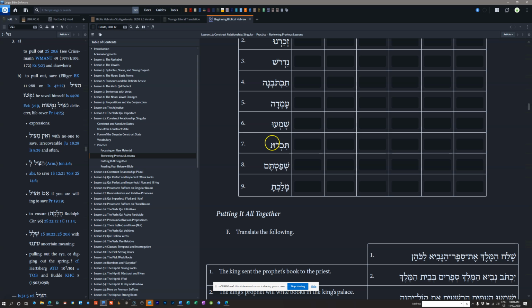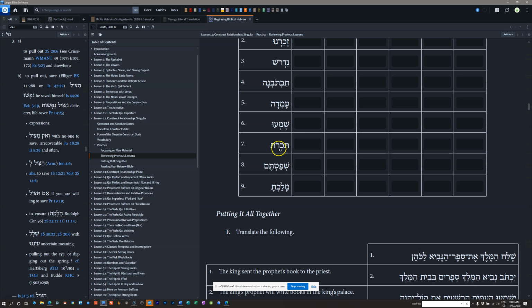So any other time tav is used as a suffix, I guess it's used in the cal perfect 2mp and 2fp, tem and ten, but we don't have those. The only other time would be in some infinitives, but we haven't done that yet. So tav must be part of the root here.